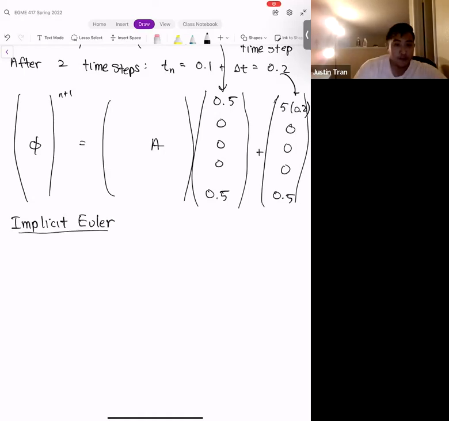Remember, the difference between explicit Euler and implicit Euler is whatever time index that we assign for the spatial derivatives. For implicit Euler, we're going to assign a time index of n+1 to all the spatial derivatives.